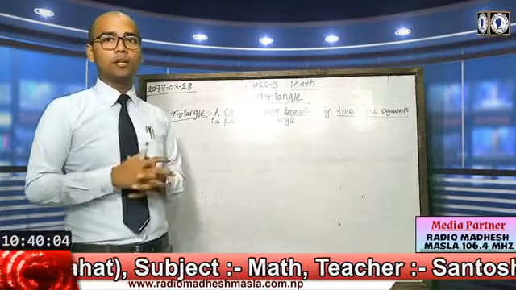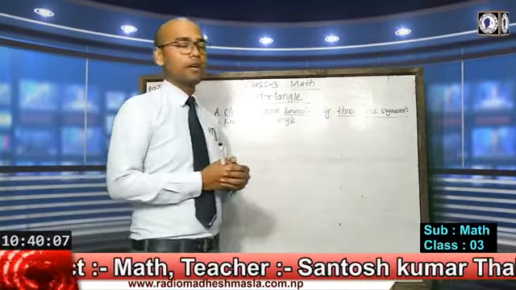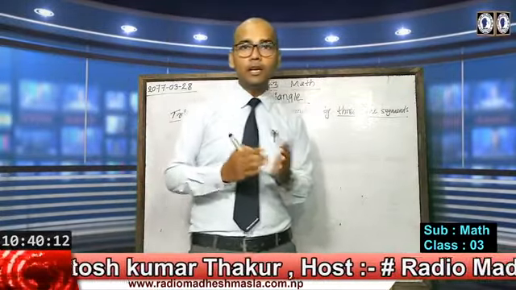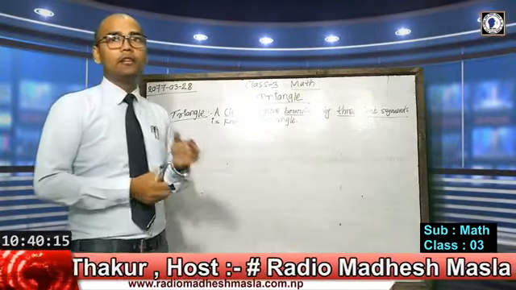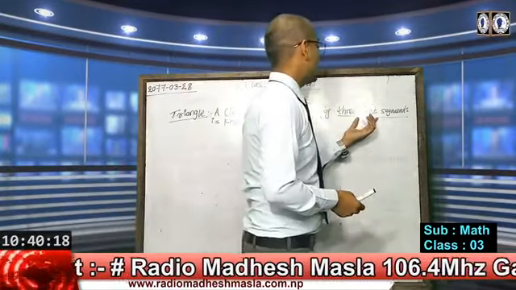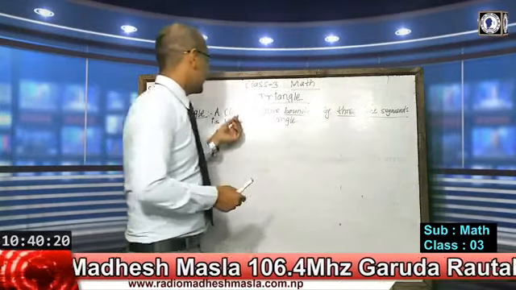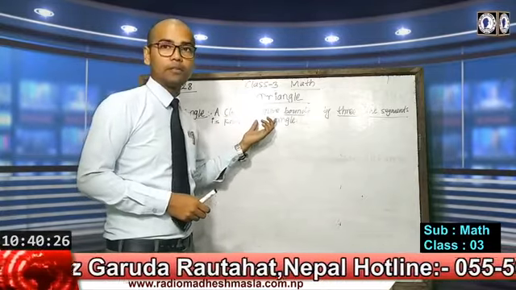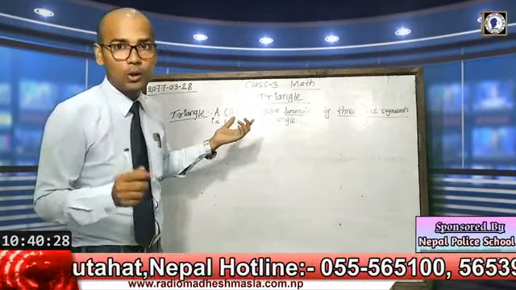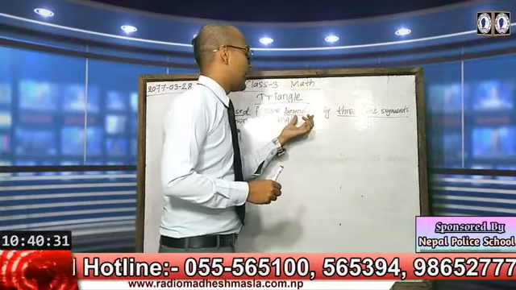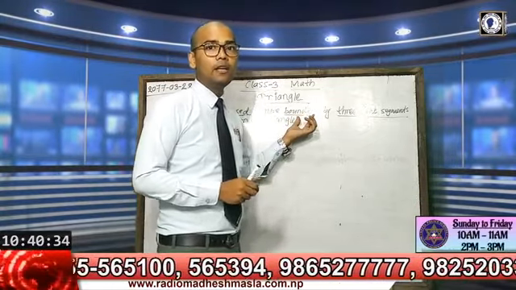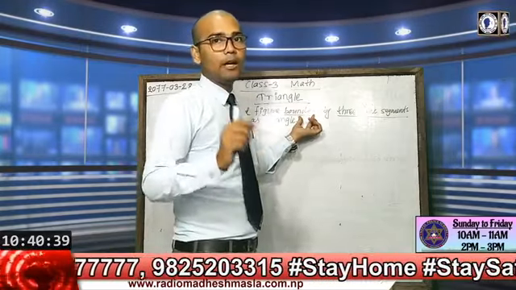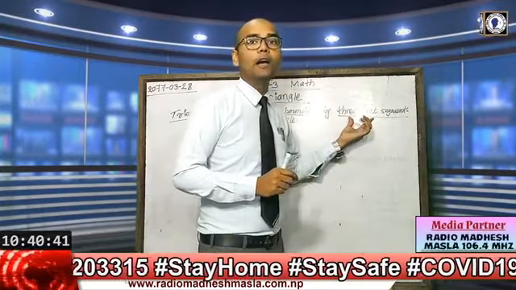It is closed, bounded by, which means by joining, and then by what, by three line segments. If we are given a figure which is closed, how is it closed? By joining each other by three line segments.